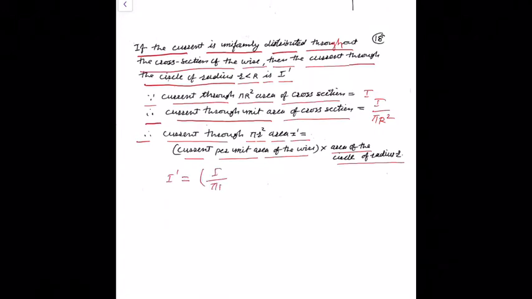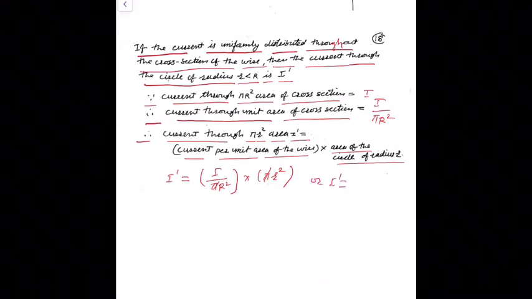That is, I dash is equal to I upon pi R square into pi small r square. Pi and pi cancel. So, I dash is equal to I r square upon capital R square.